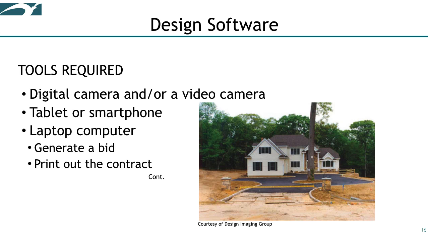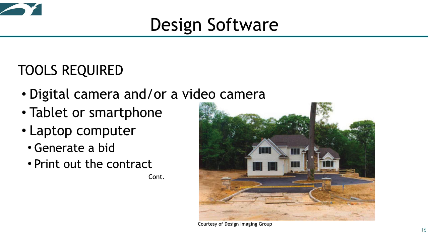Tools required: a digital camera and a video camera are a must. They're not very difficult to purchase, and they're very useful. Tablets or smartphones help a lot. Laptop computers generate a lot of contracts this way because you can get information quickly to your client.